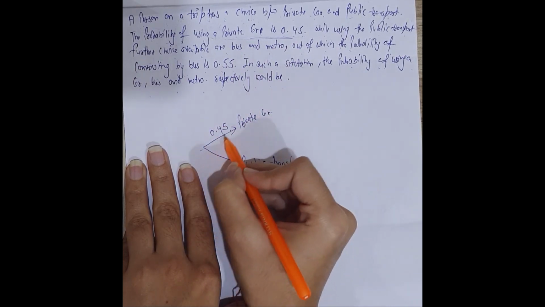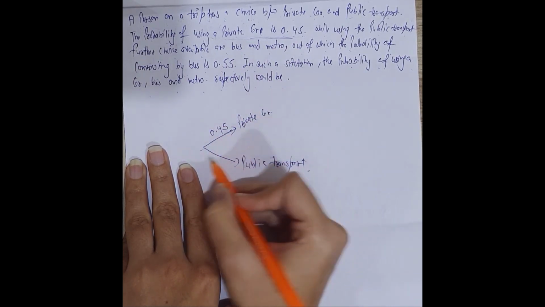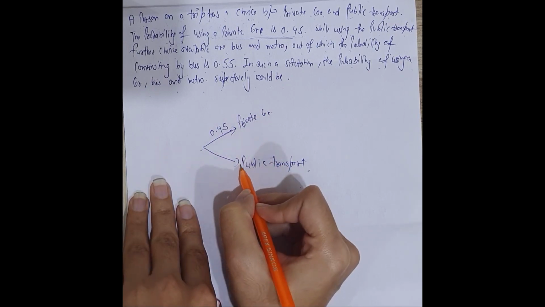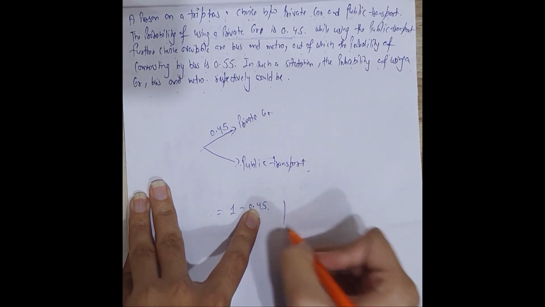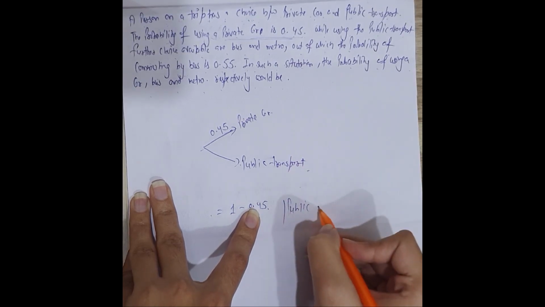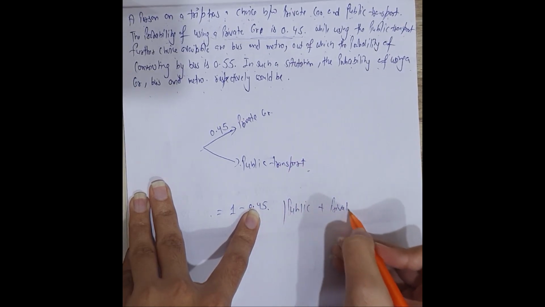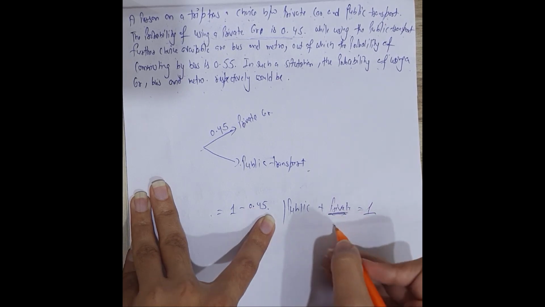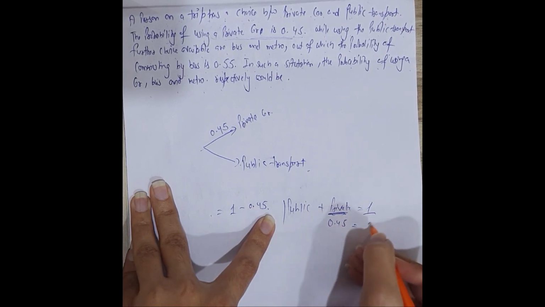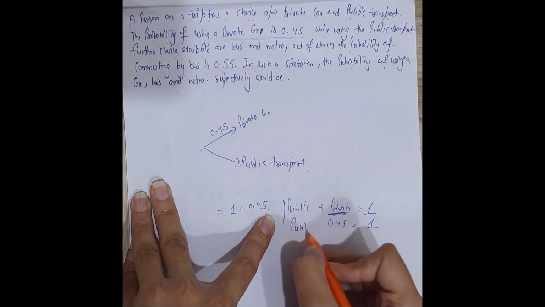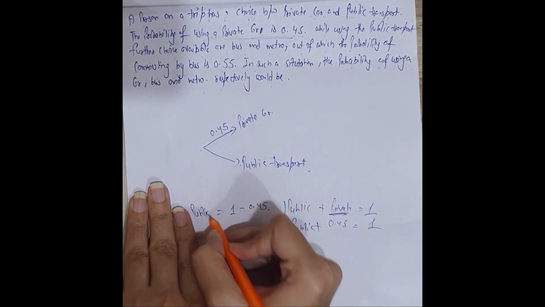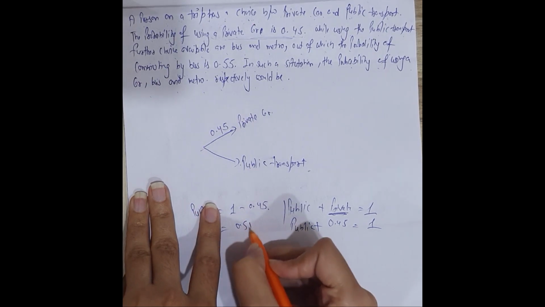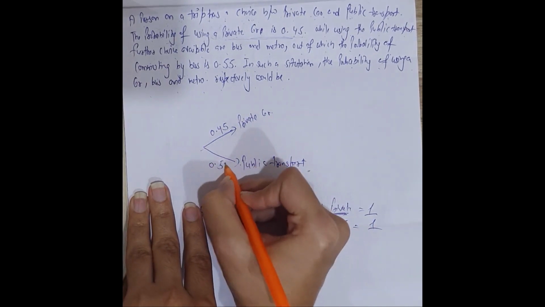If the probability of using a private car is 0.45, then using public transport is 1 minus 0.45. The probability of using public transport plus private car is equal to 1. Private is 0.45, then public is 0.55.